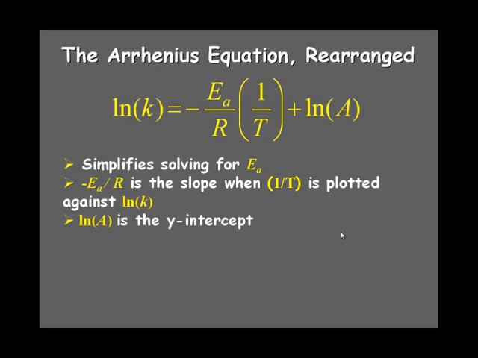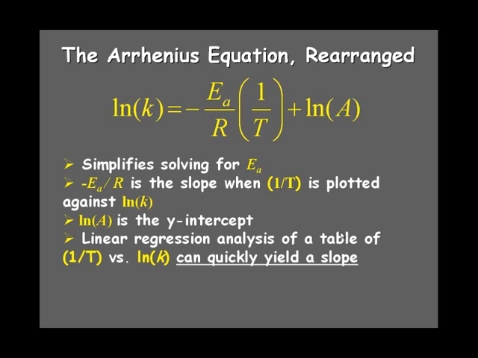The linear regression of a table of reciprocal of temperature versus the natural log of k can then give us a slope. And the activation energy then comes from that slope value.